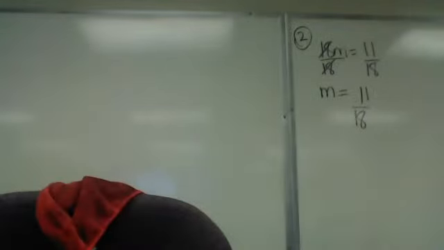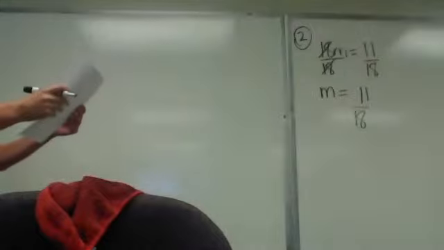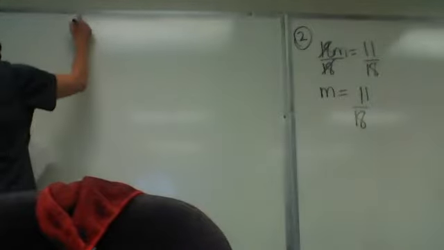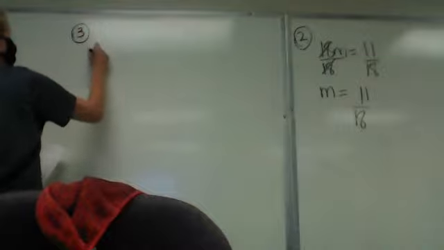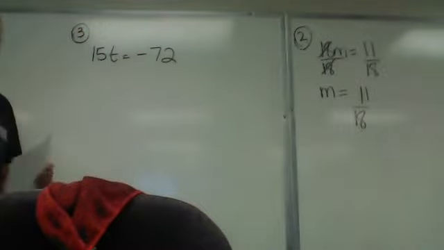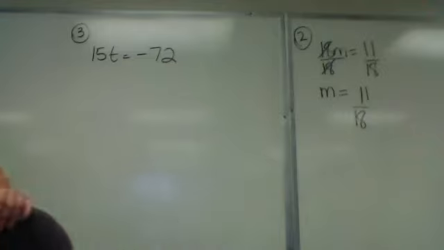Number 3. 15t equals negative 72. So what is hooked on to that t?